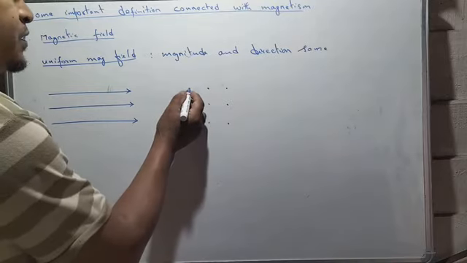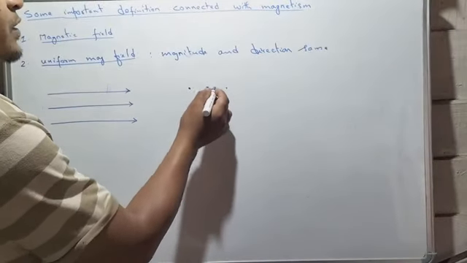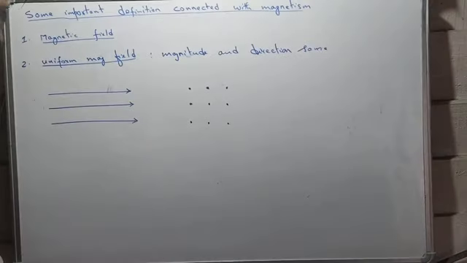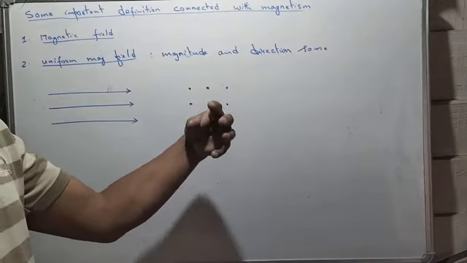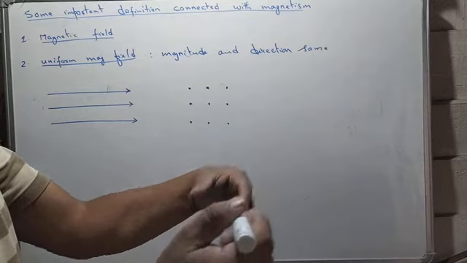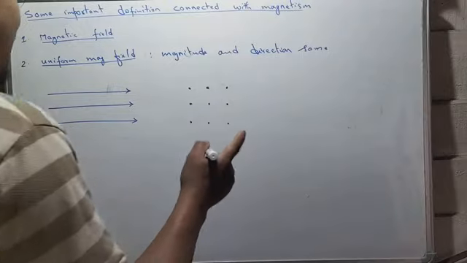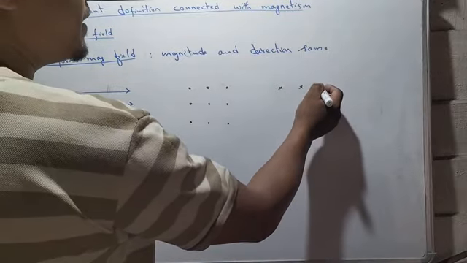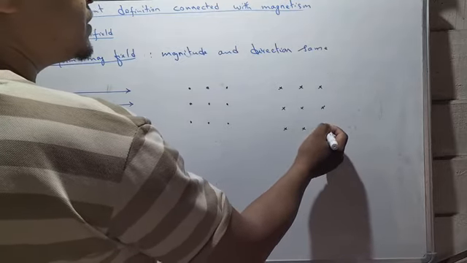Then the representation for such a magnetic field is given by dots. So these dots stand for a uniform magnetic field whose direction is perpendicular to the plane but directed outward.